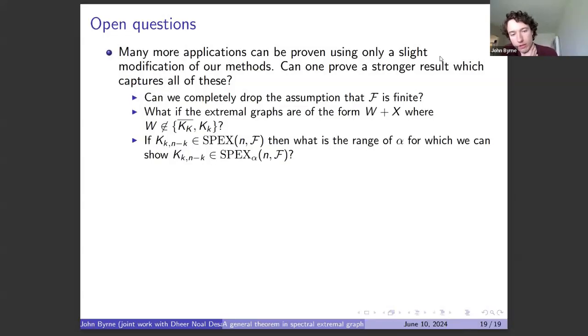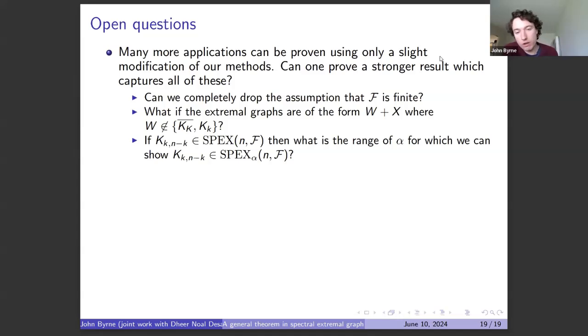Also, you may have noticed that the complete bipartite graph as the spectral extremal graph was missing from the A alpha result. This is because if alpha is large enough, then it may be good to actually have fewer edges in the alpha spectral extremal graph. So for example, the alpha spectral radius of K_{1,n-1} may be larger than the alpha spectral radius of K_{2,n-2}.